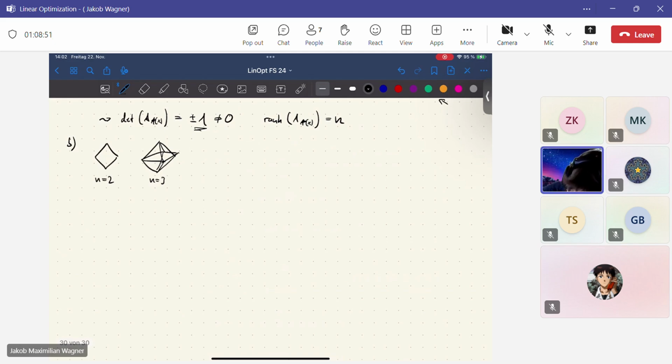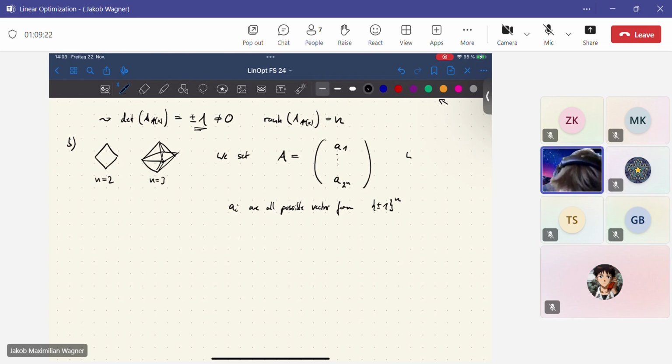So we set the matrix A, which is A_1 through A_{2^n}, where the A_i are all possible vectors from the set {plus minus 1}^n.